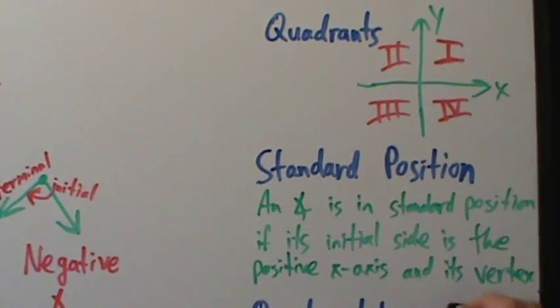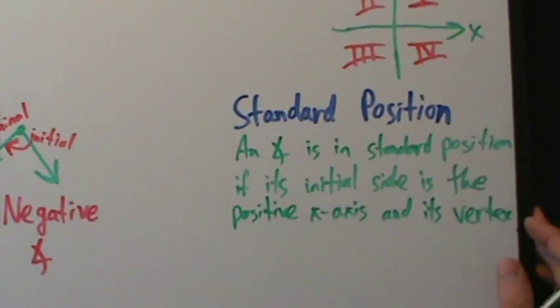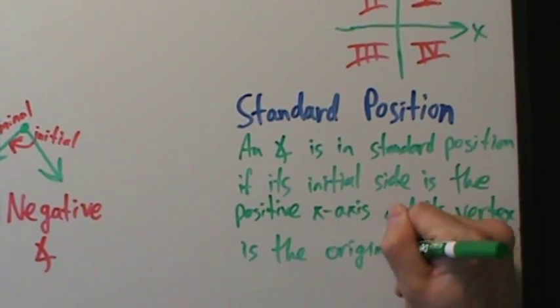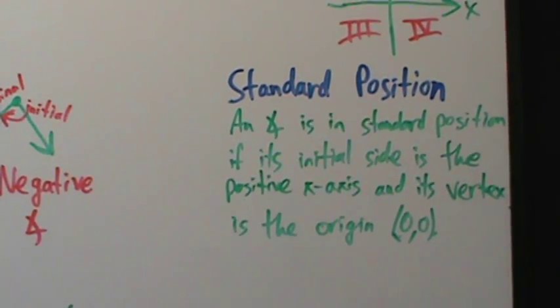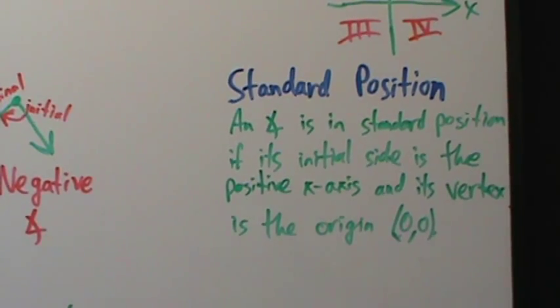I'm out of room, so I'll erase this definition here, and we'll come back to that later. And its vertex is the origin, remember that's 0, 0. Okay, that's a really important concept. So an angle is said to be in standard position if its initial side is the positive x-axis, and its vertex is the origin, 0, 0.